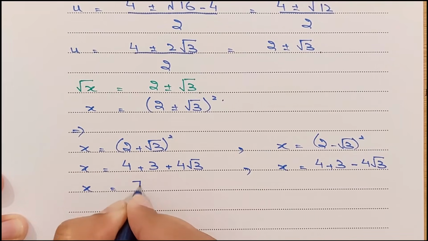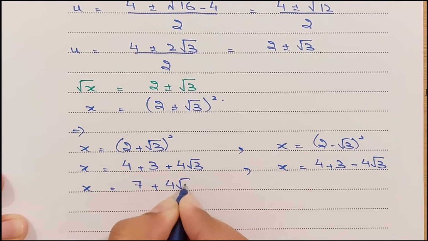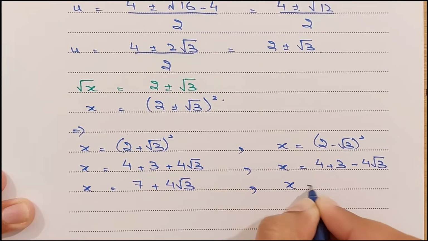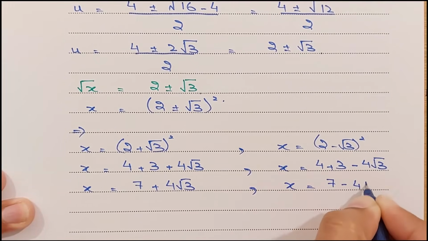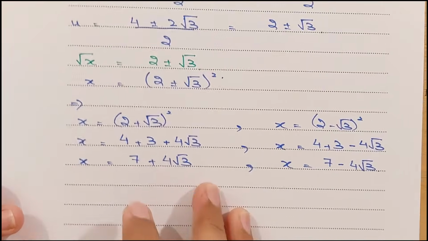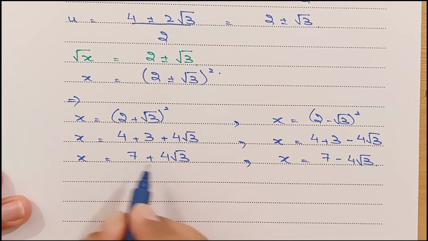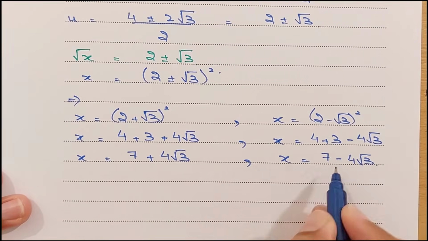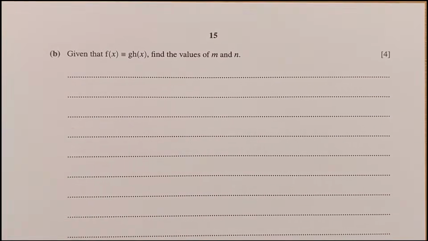So x is equal to 7 plus 4 square root of 3, and x is equal to 7 minus 4 square root of 3. We have to find the value of x in terms of a plus b square root of c, where a, b, c are integers. So a, b, c are 2, 7, 4 and 3. 7 minus 4 and 3.